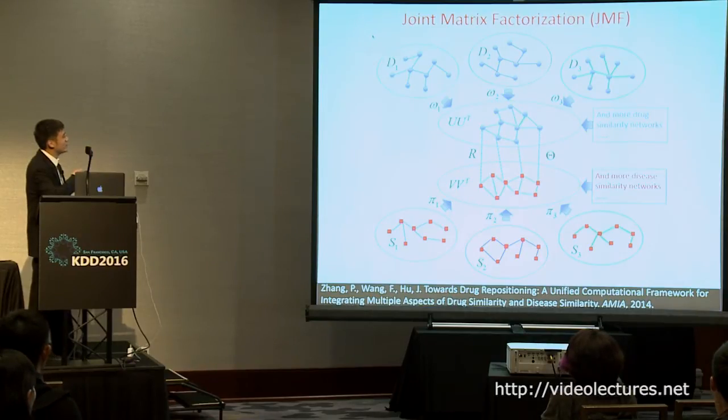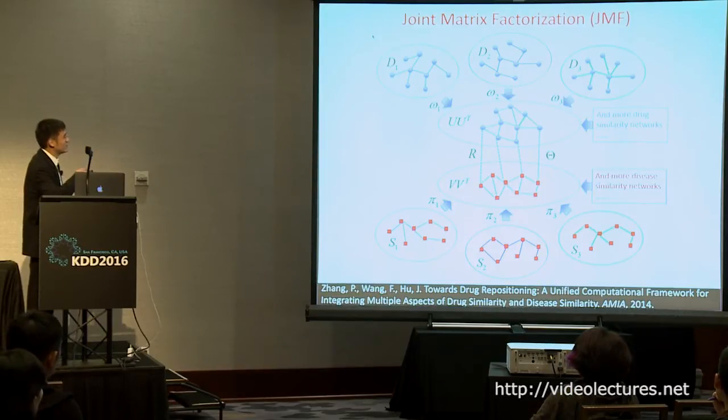The link between drugs is the drug similarity, so the similarity between drug 1 and drug 2, for example. D1 can be the drug similarity network based on the drug chemical structure, D2 can be based on drug targets, and D3 can be based on the drug label or side effects, etc.